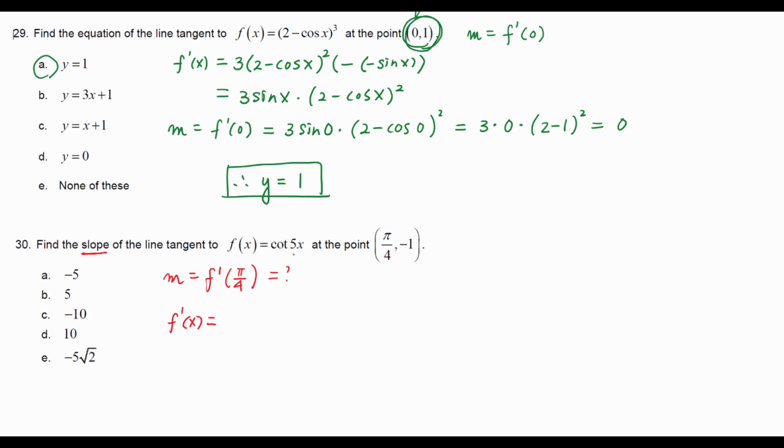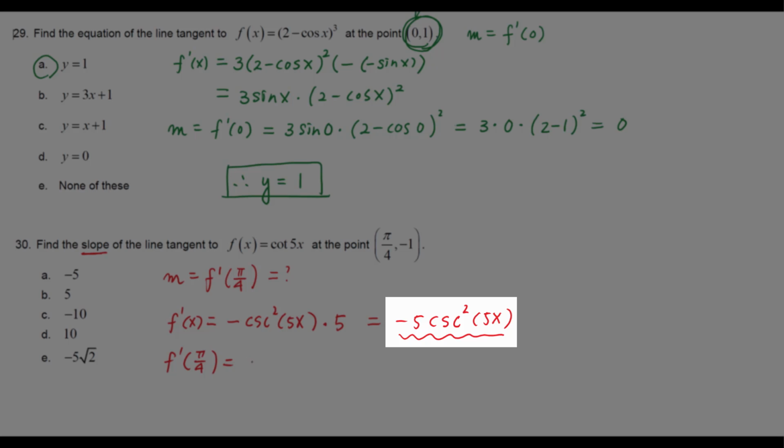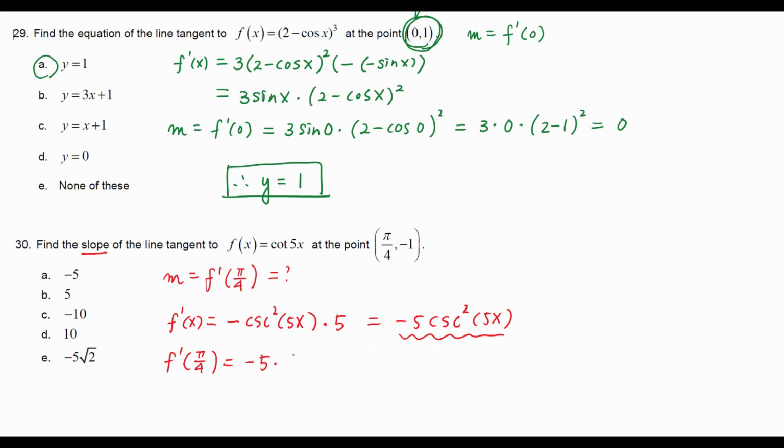The derivative of cotangent is negative cosecant squared of the inner function times the derivative of the inner function, which is 5. So it is −5 csc²(5x). So f prime of π/4 is negative 5 times cosecant of 5 times π/4 for x, the whole thing squared.